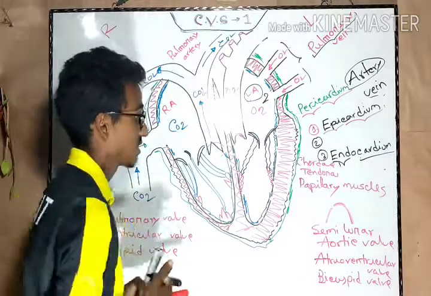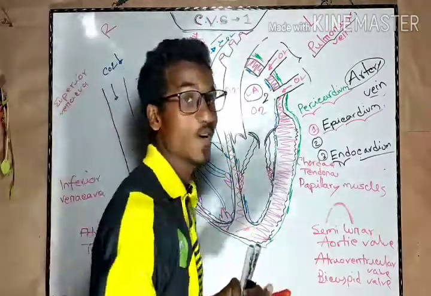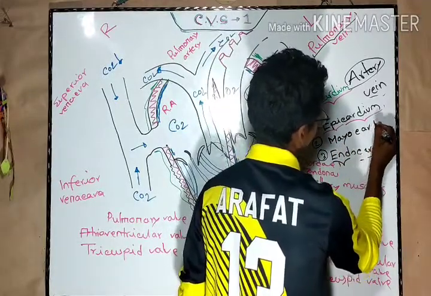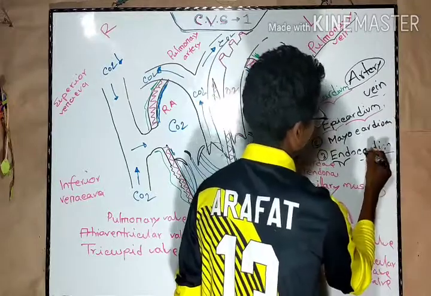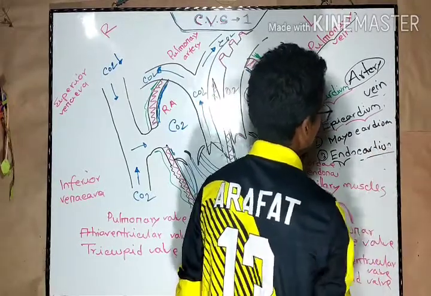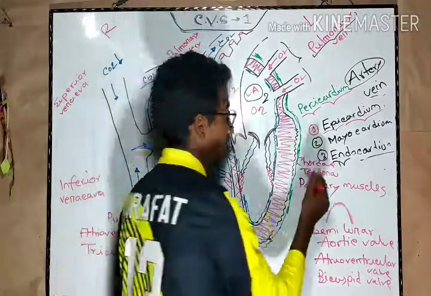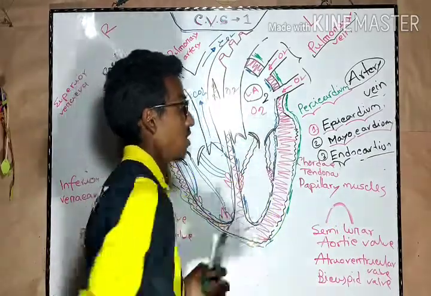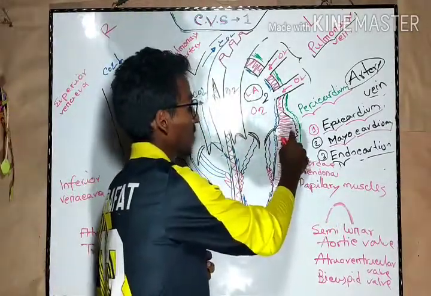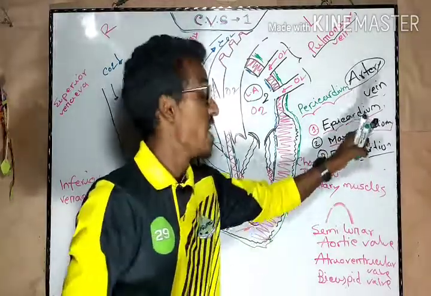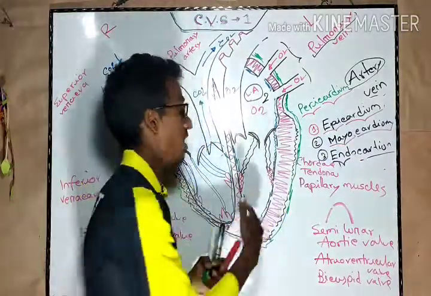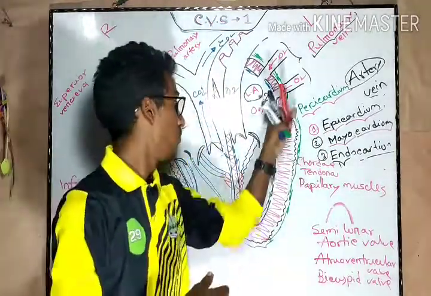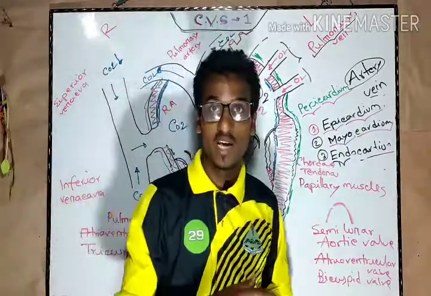This layer is called the myocardium. Myo relates to muscles and cardium to the heart. So this muscle layer, the middle layer of the heart, is called the myocardium. So this is the wall of the heart, three layers.